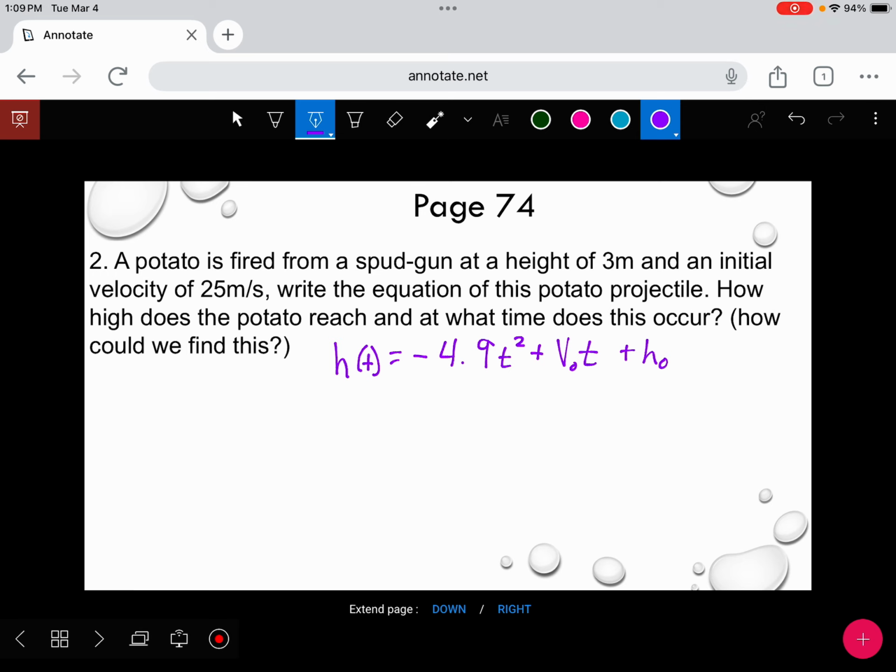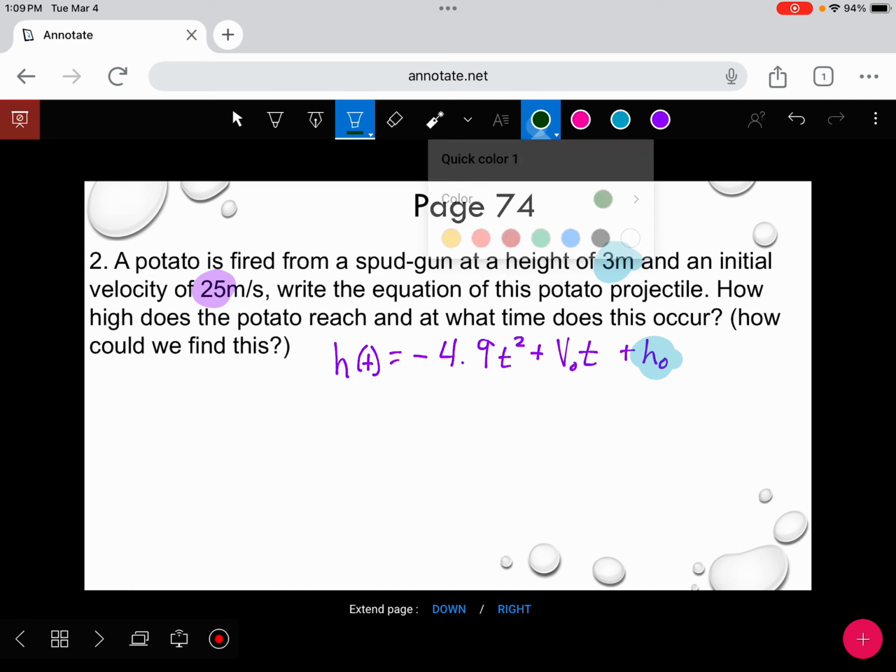So what pieces do we know? What did they tell us about? The height is 3 meters. Which piece does that tell me? The h. That's our h naught. That's how high the little stand is for our little potato launcher. What else do we know? Our initial velocity of 25 meters per second. Which piece of our equation is that?